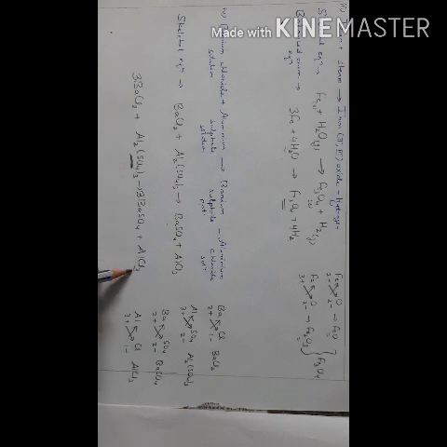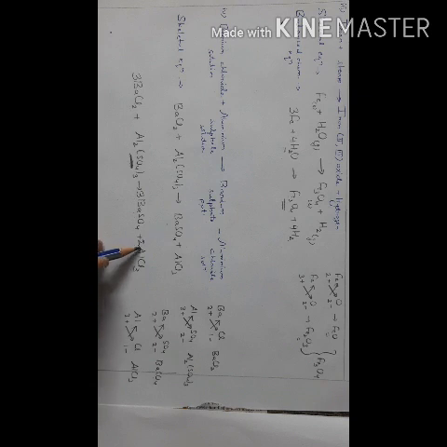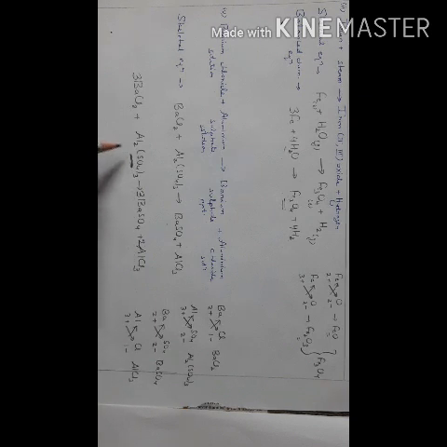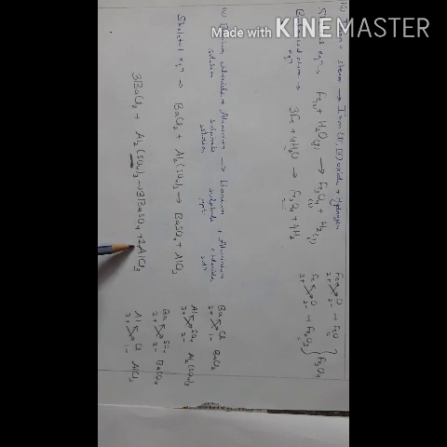On the right hand side, there are only 3 chloride ions. So to balance it, I have to add here 2. When I write here 2, aluminium ions automatically get balanced. So the balanced chemical equation is 3BaCl2 plus Al2(SO4)3 gives 3BaSO4 plus 2AlCl3.